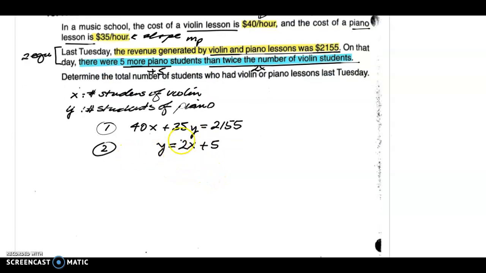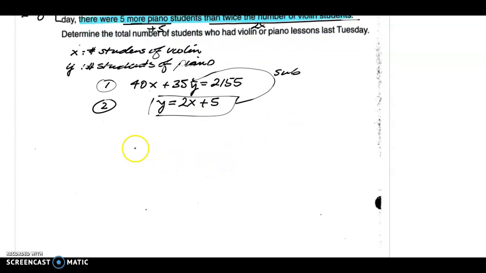So notice what I have now. All I have to do to solve this one is plug this into y. Because I know what I can just substitute. So just substitute. So then in this, just to substitute is just 40x plus 35 times 2x plus 5 equal 21.55.